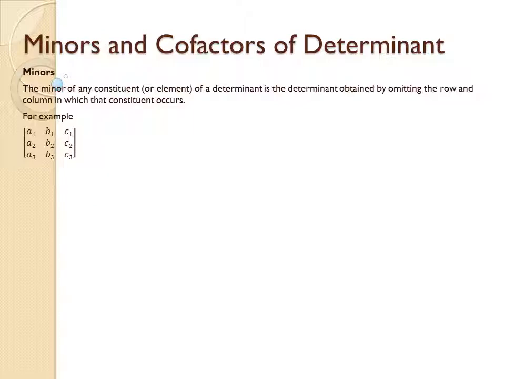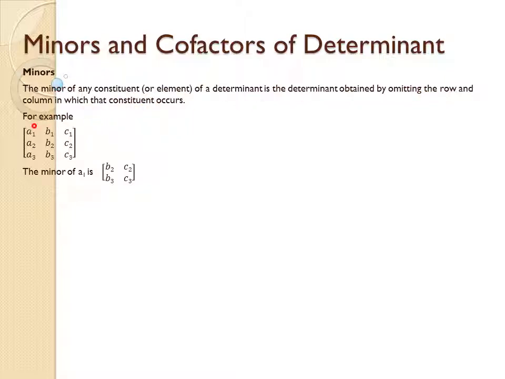Let's say it is a 3x3 matrix and there are 9 terms, obviously: a1 b1 c1, a2 b2 c2, and a3 b3 c3. The minor of a1 is b2 c2, b3 c3. Why? Because my definition says the minor of any constituent, meaning any element of a determinant, is the determinant, that will also be a second order determinant, obtained by omitting the row and column in which the element occurs.